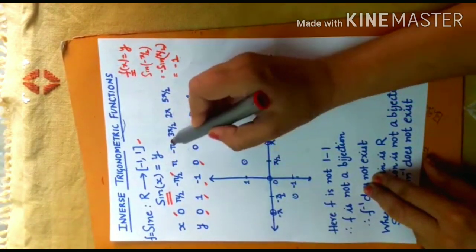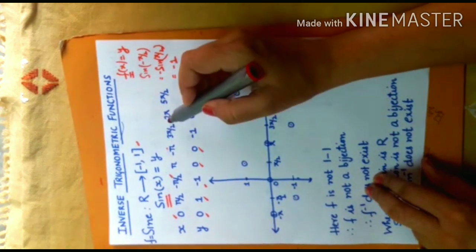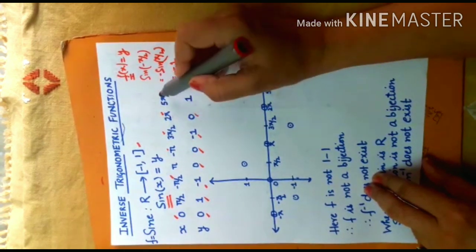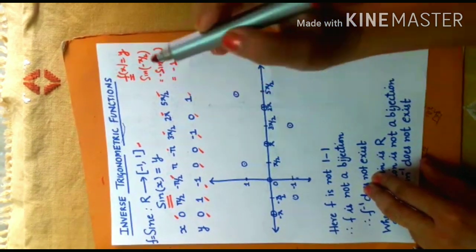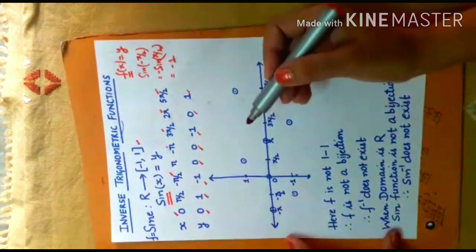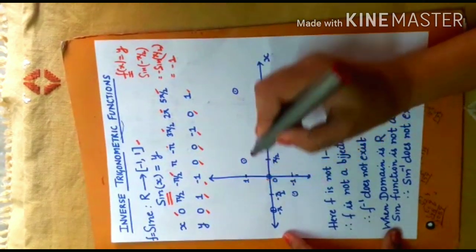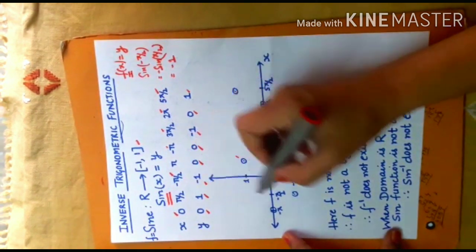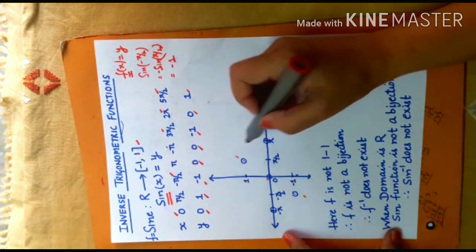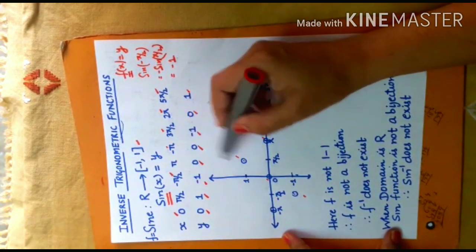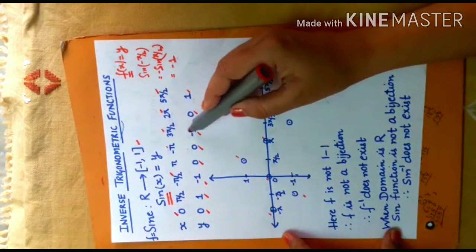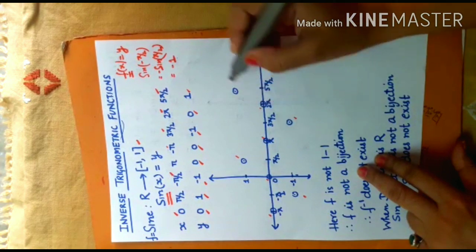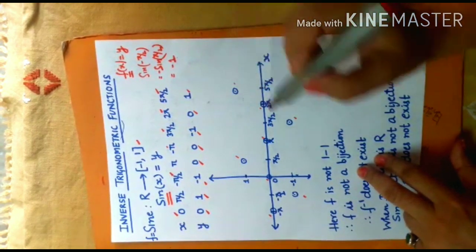Sine pi is 0, sine of minus pi is again 0, and sine of 3 pi by 2 is minus 1, sine 2 pi is 0, and sine 5 pi by 2 is 1. Let's plot these ordered pairs. First is (0, 0) here, then (pi by 2, 1) here, (minus pi by 2, minus 1) here, (pi, 0) here, (minus pi, 0) here, (3 pi by 2, minus 1), then (2 pi, 0), and then (5 pi by 2, 1).